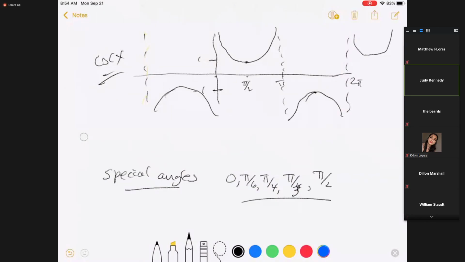And then, well, of course, once you know those, you know what the trig functions of 2 pi over 3 and so forth are using your unit circle. But yeah, you need to know those by heart.